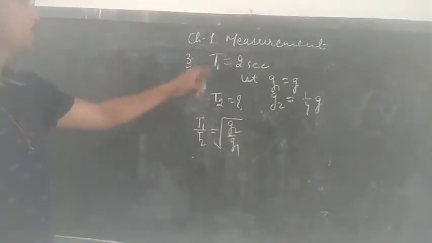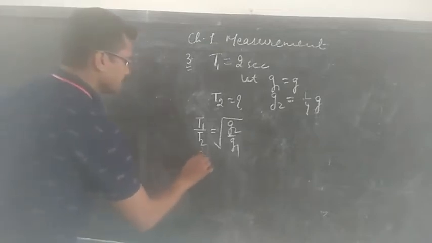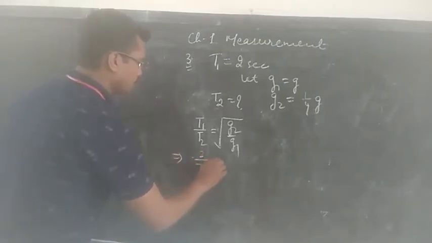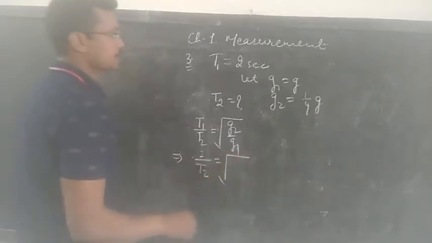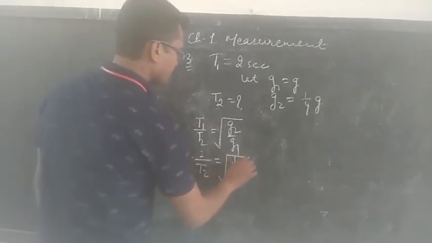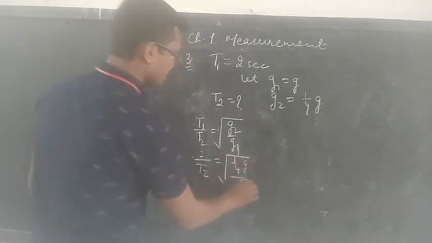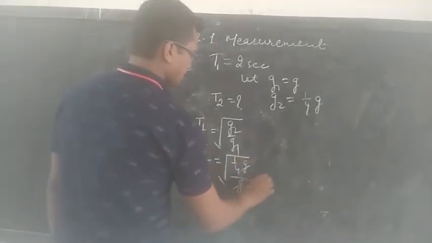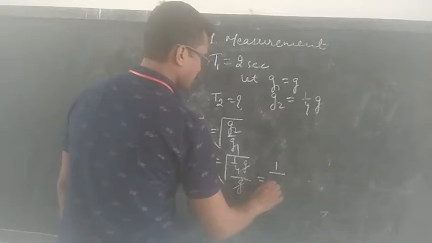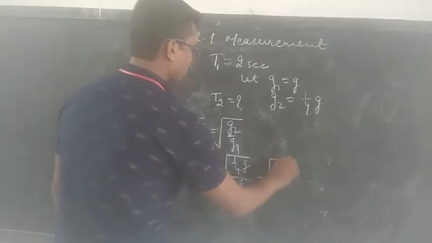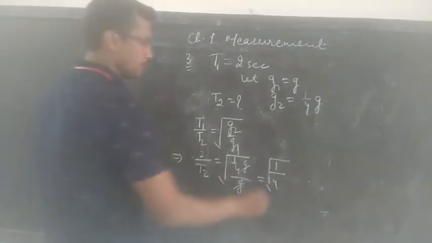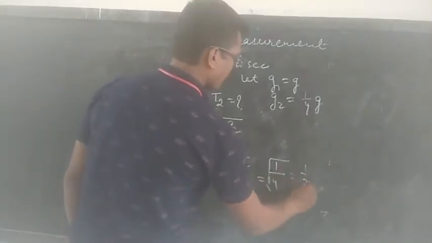So we have T1 given as 2 seconds. T2 you have to find out. g2 is 1/4 g and g1 is g given. So we can cancel this and it can be written as 1 by under root 1/4, and its value is 1/2.